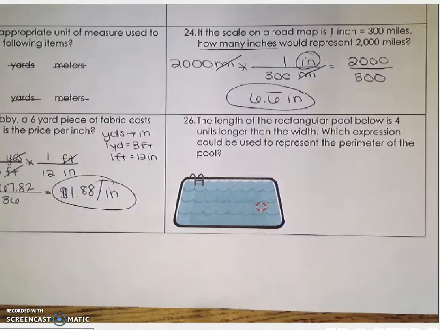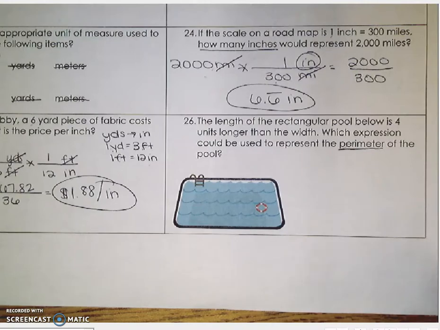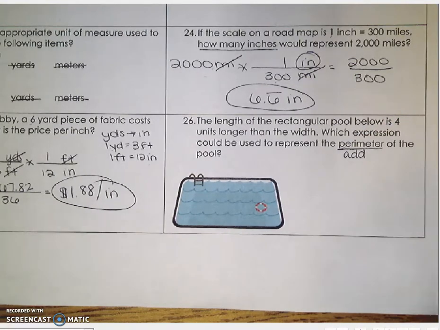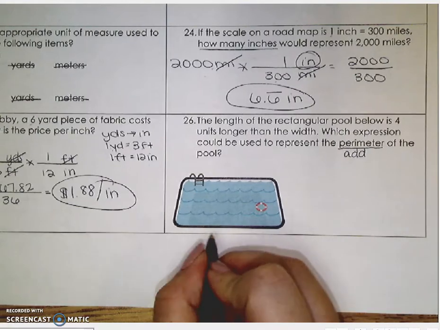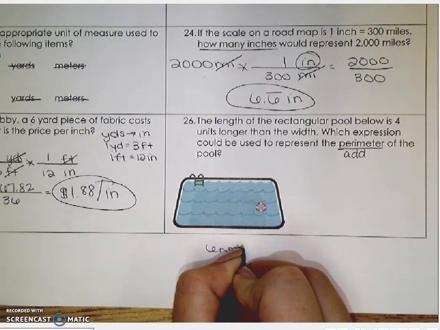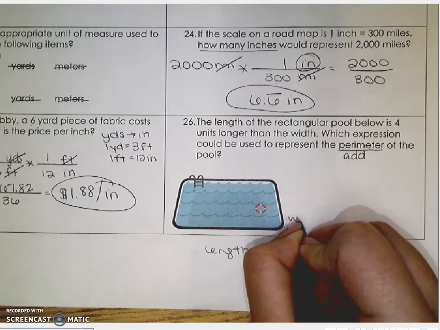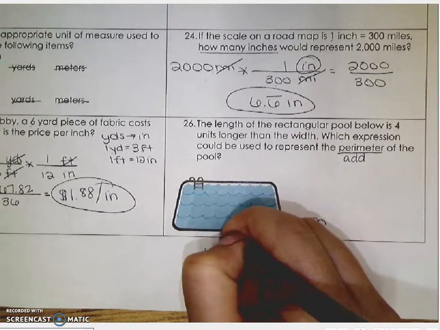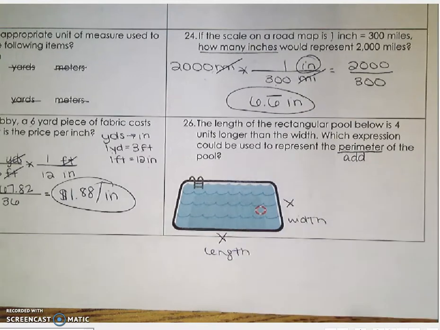Alright, moving right along, number 26 says that the length of a rectangular pool is 4 units longer than the width. Which expression would be used to represent the perimeter of the pool? Remember, perimeter means add all the sides. We'll call this the length, and this the width. Whenever you start with a problem like this, you are going to label both sides the same.